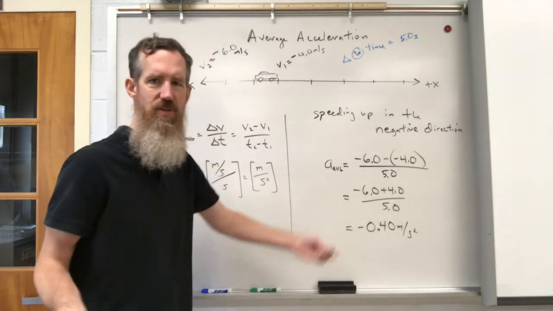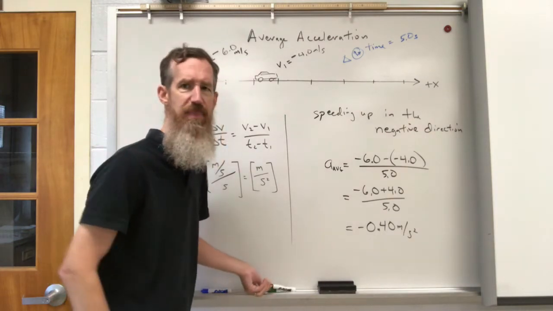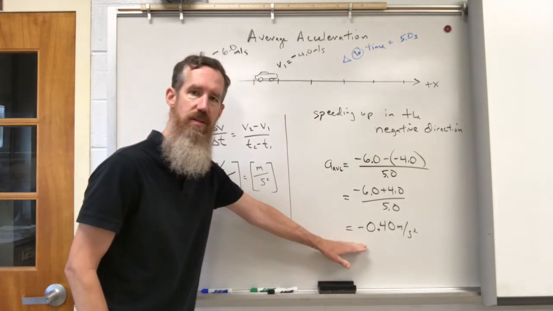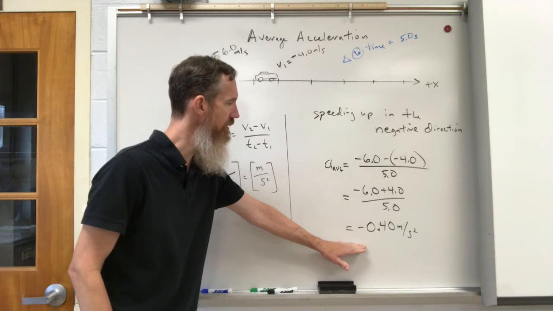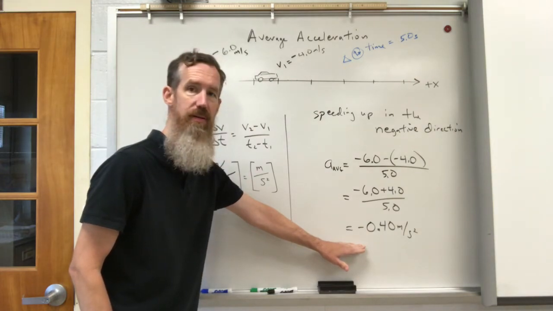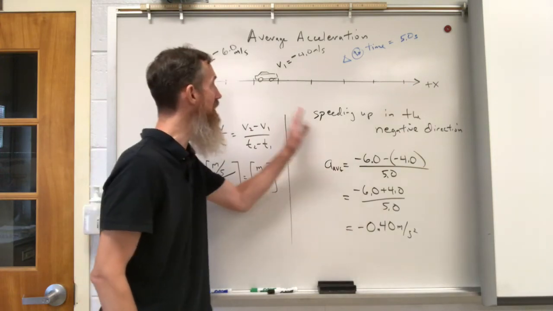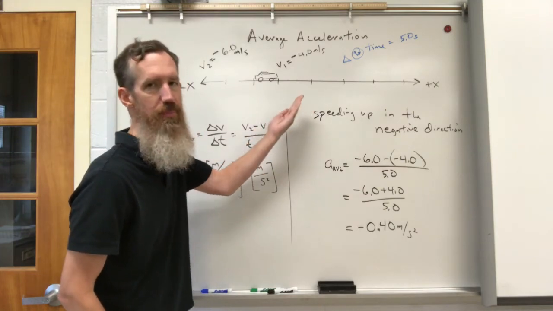Yeah, acceleration can be a small value. It doesn't have to be a whole number. It doesn't have to be large. It can vary. But what this negative says is that we are speeding up, but in a negative direction. We're gaining speed, gaining velocity this way.